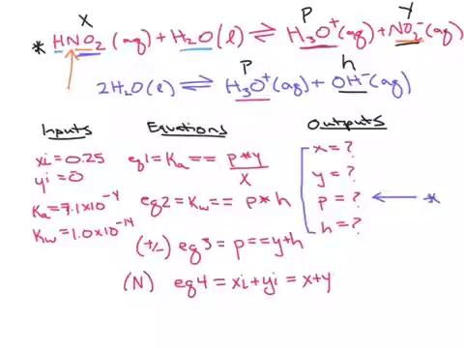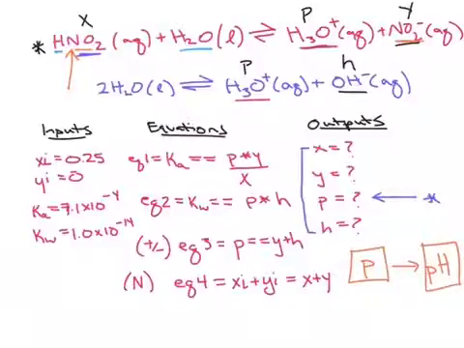It will eventually compute the value of P for you, which you will then have to convert to pH by taking the negative log of it, which you can also do in Mathematica. And that should be your final answer.